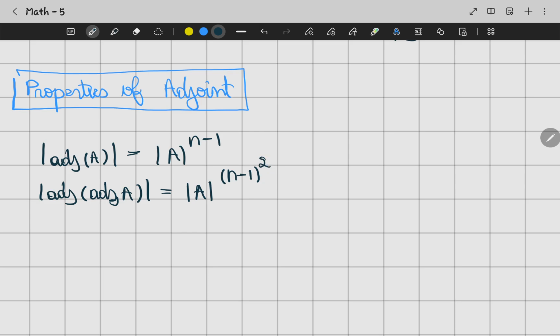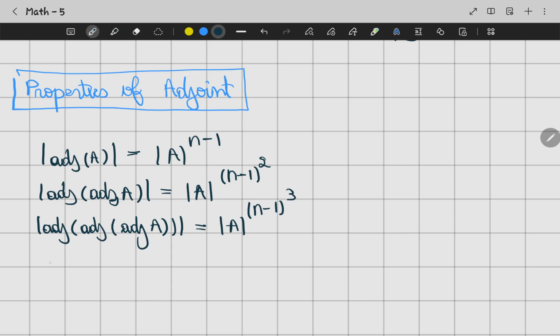Let me give you another one so you can understand what is going on. Here we get A to the power of n minus 1 to the power of 3.